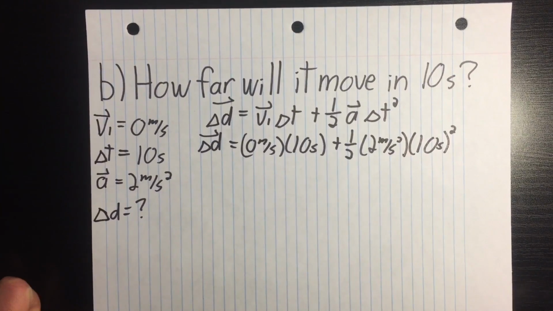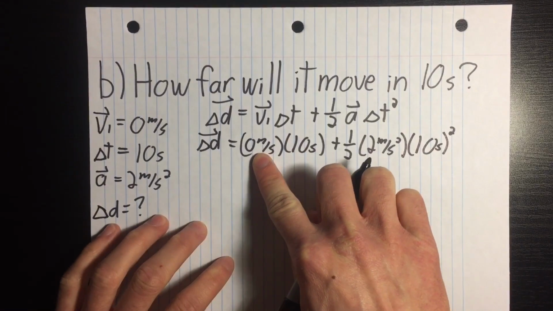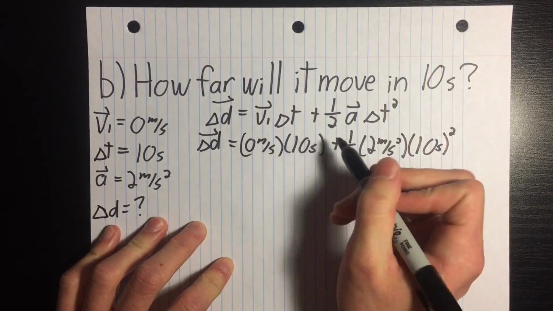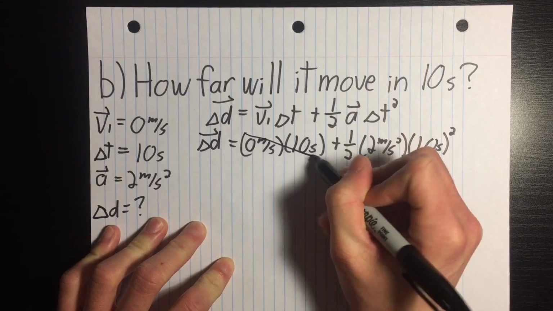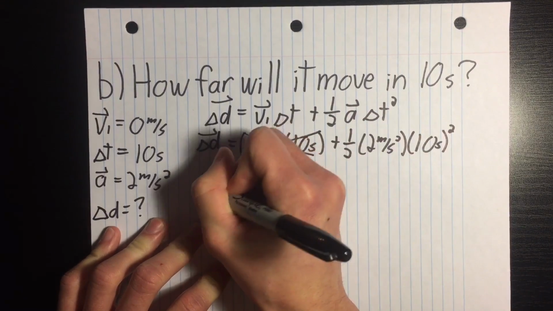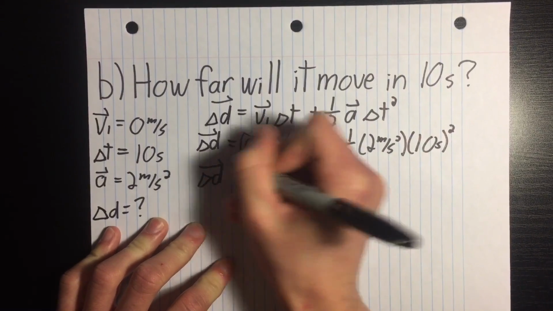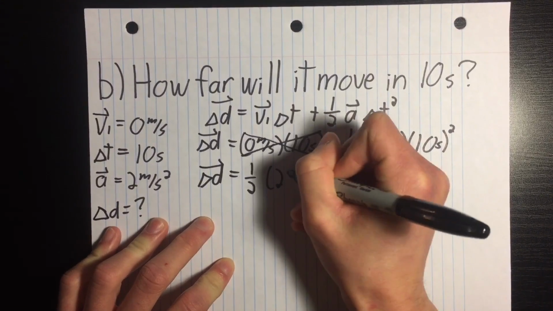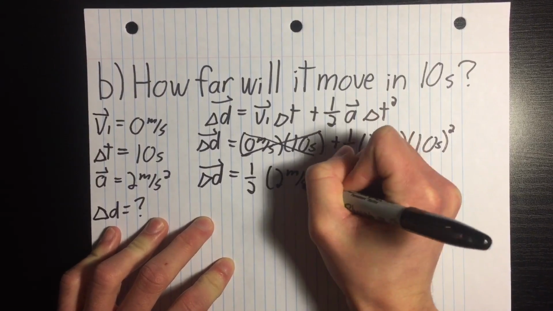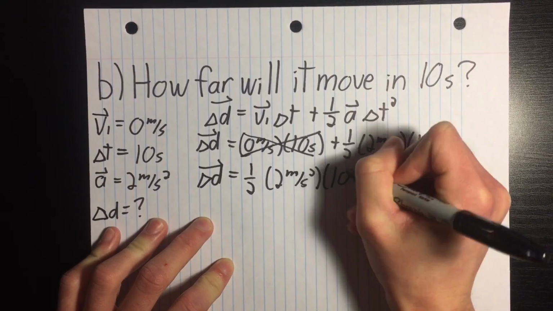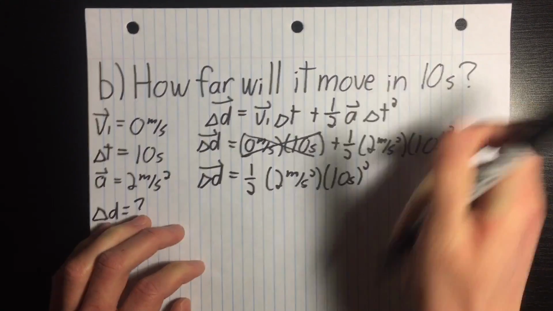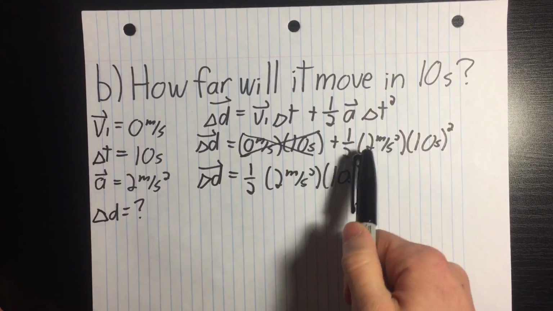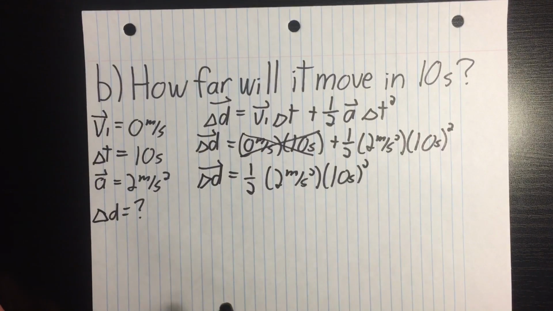Right here we have 0 for V1, and anything times 0 is 0, so we're going to cancel that out. The first part of the equation cancels out, so that just leaves us with our second part.